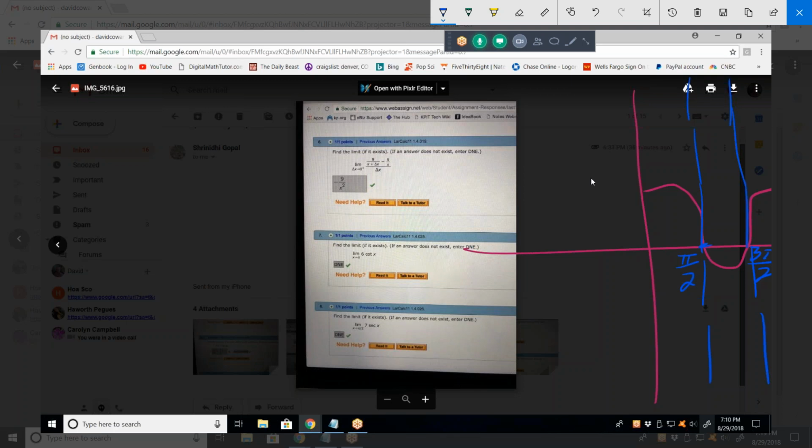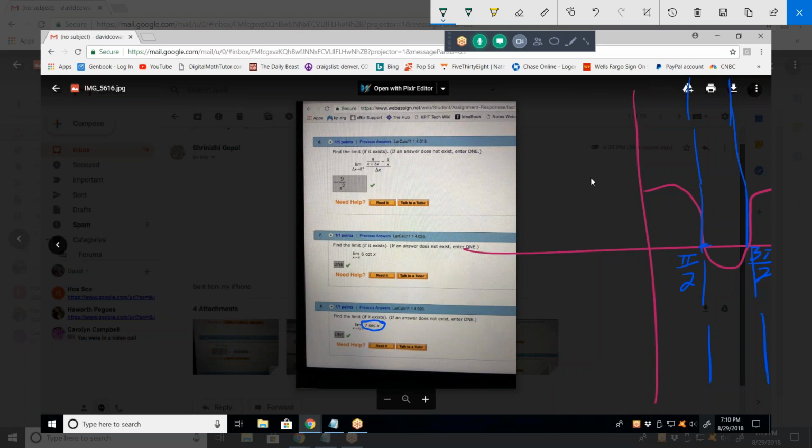So if we're looking at pi over 2, that's going to be undefined. In other words, pi over 2 is where cosine is 0, and if cosine is 0, then secant of pi over 2 is infinity. Let me draw the secant curves.